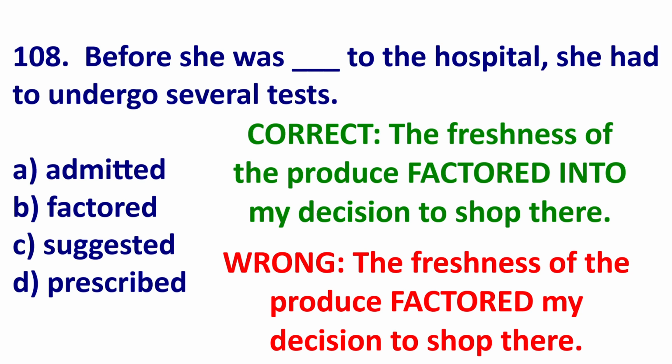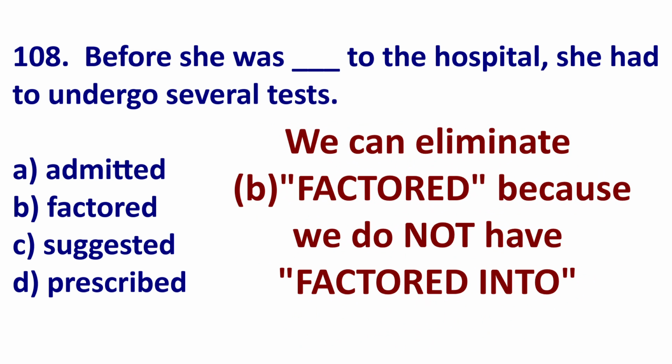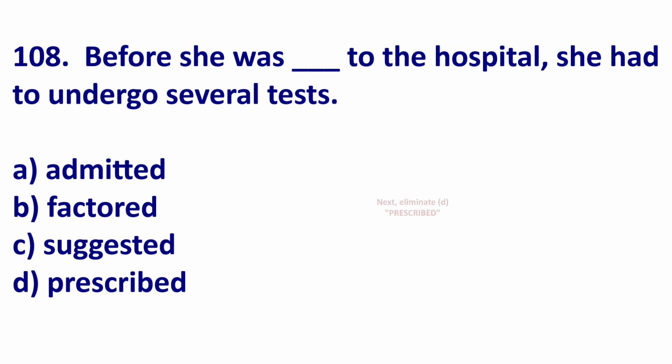If I say "the freshness of the produce factored my decision," there is no "into," so this is wrong. So we can remove factor because there is no "into" here. And whether it's active or passive, we need "into" after the verb factor.